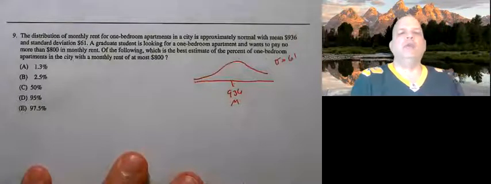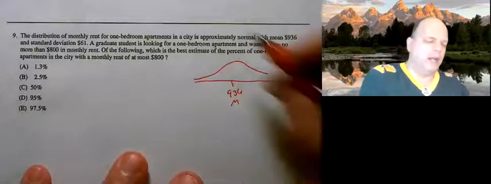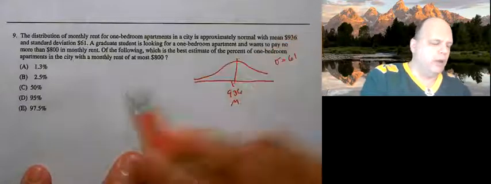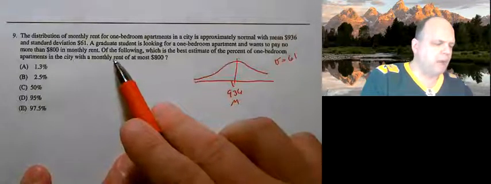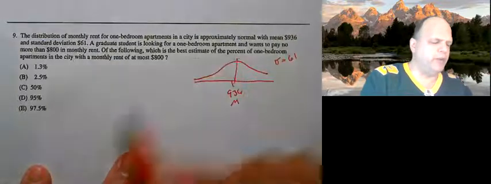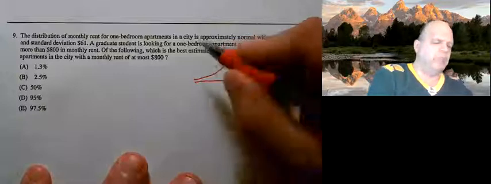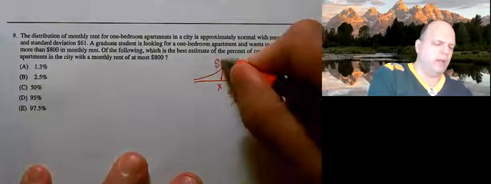A graduate student is broke and is looking for a one-bedroom apartment and wants to pay no more than $800 a month in rent. Of the following, which is the best estimate of the percent of one-bedroom apartments in the city with a monthly rent at most of $800? So he wants to pay no more than $800.